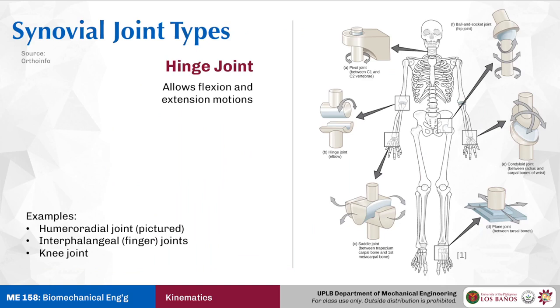If you look at your skeletal system, there are at least six types of synovial joints in your body. Some of them are very plentiful, but some of them are very rare and only show up in specific parts of your body. So the first one that shows up is what we call the hinge joint.